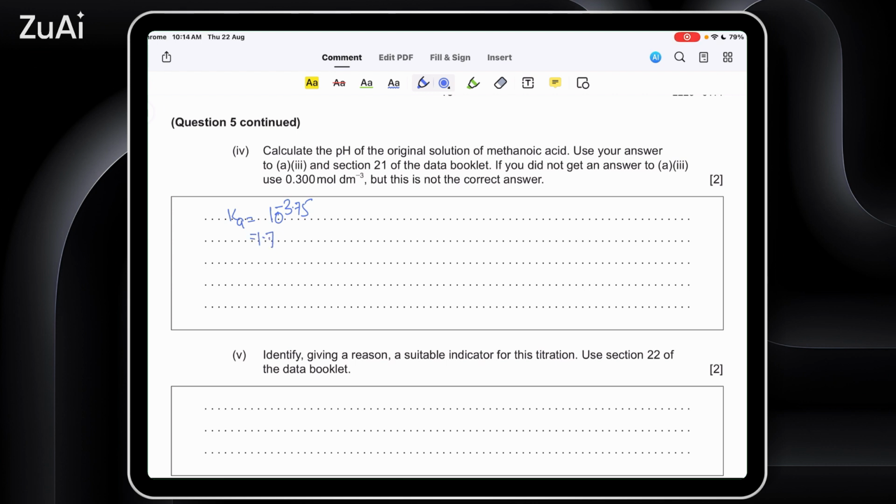That's a Ka, 1.78 times 10 to the power negative 4.